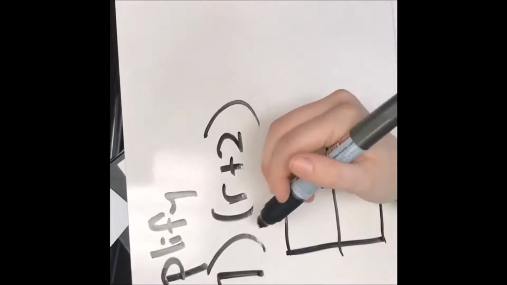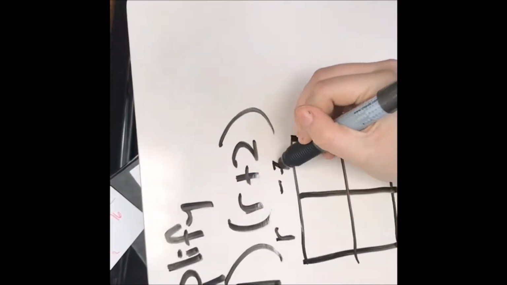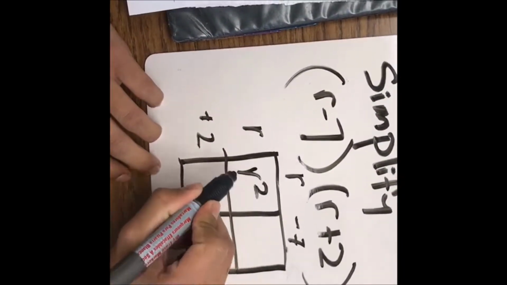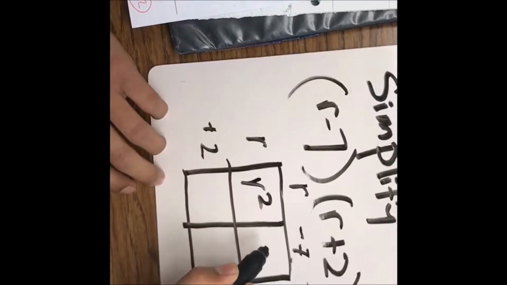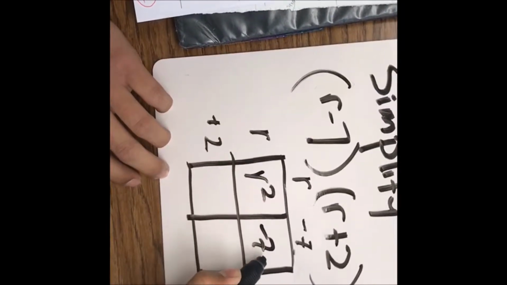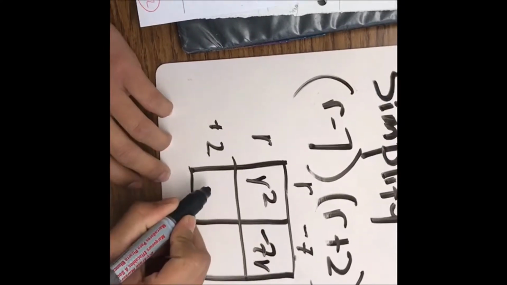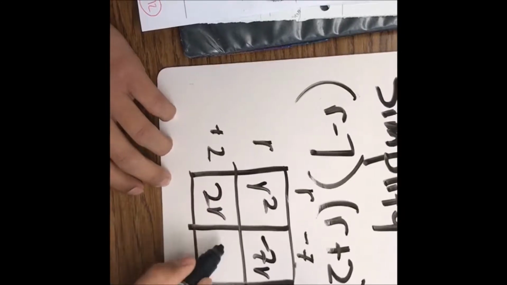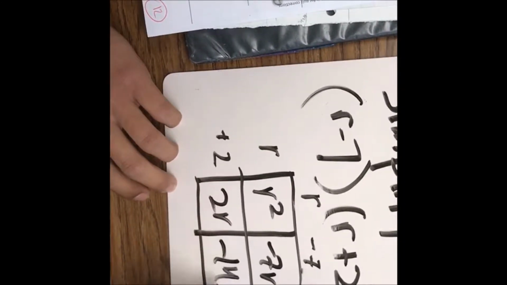To simplify this problem, there are two ways. It is FOIL or the box, and in this problem we're going to show you how to do the box. To set up the box, you put one equation on the top and one equation on the bottom. The first box is r squared, the second box is negative 7r, the third box is 2r, and the last one is negative 14.